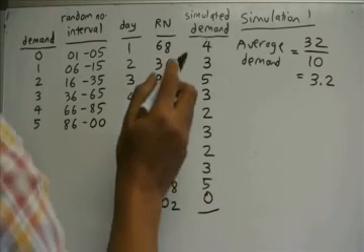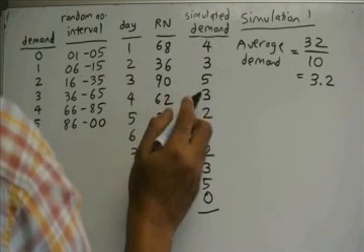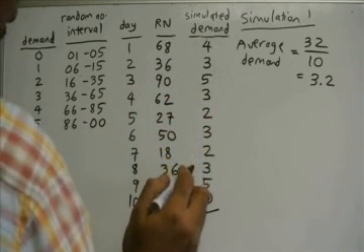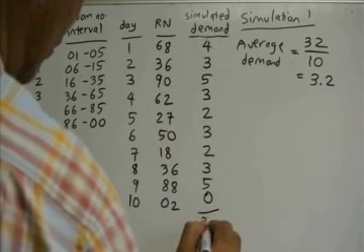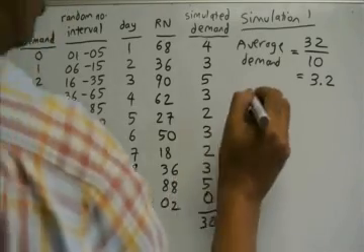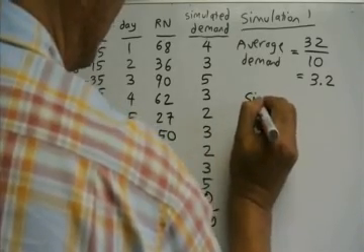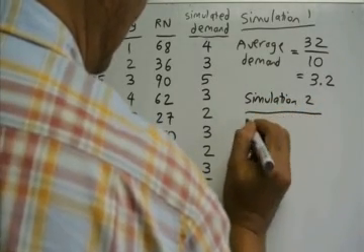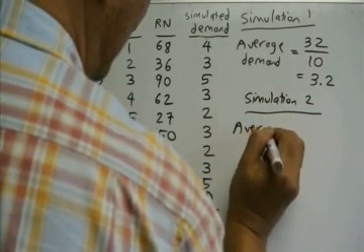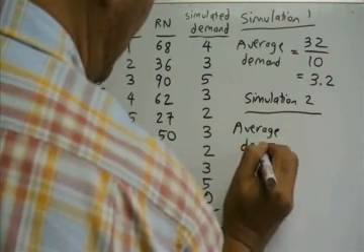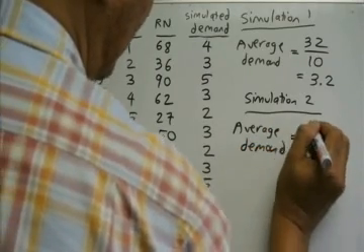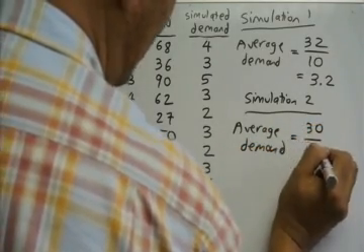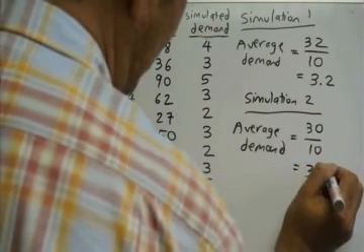So the total is 7, 12, 15, 14, 20, 30. So for simulation 2, the average demand equals 30 divided by 10, which is 3.0.